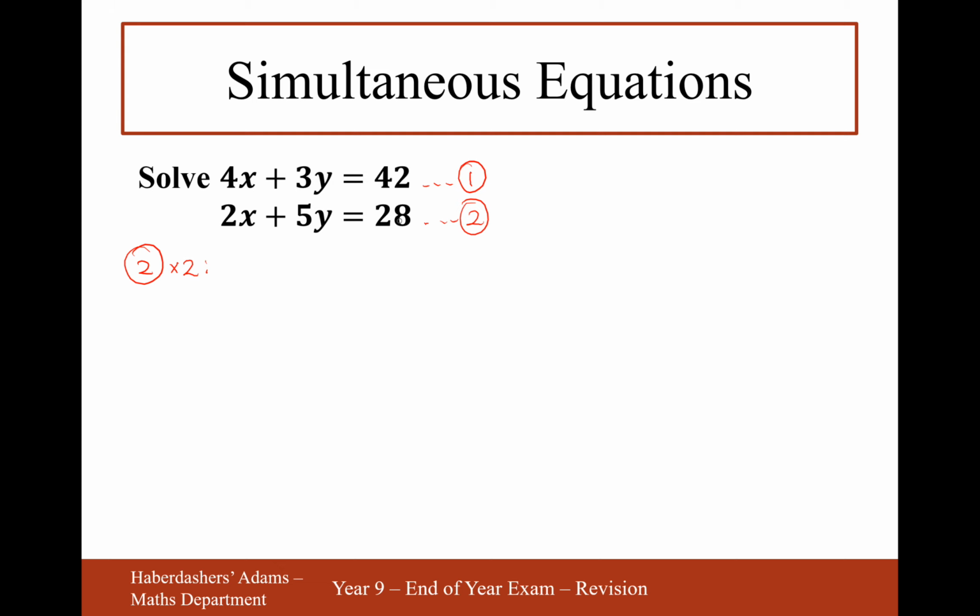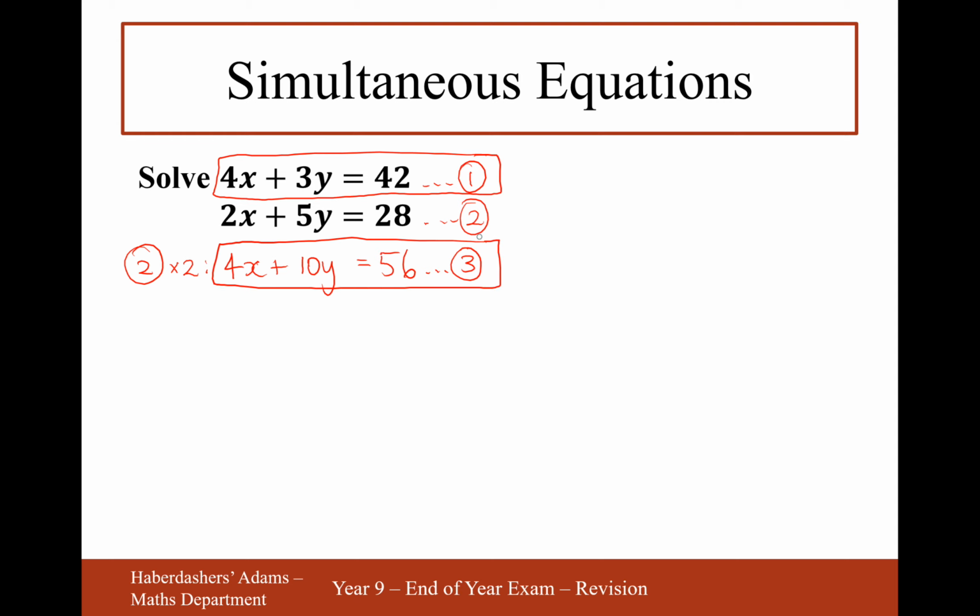I double the whole equation, so it's going to be 4x, 10y, and double 28, I'll quickly do this on the calculator just to make sure I don't go wrong, 56. This has to be given a new equation number, so we'll call this equation number 3. Now, looking at equation 1 and equation 3, the x's perfectly match up.